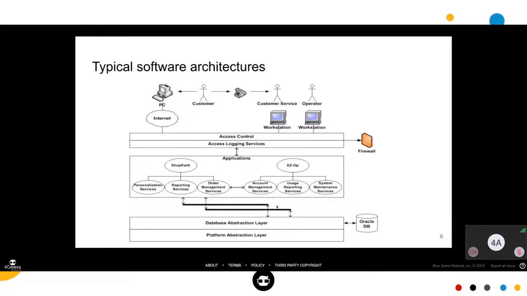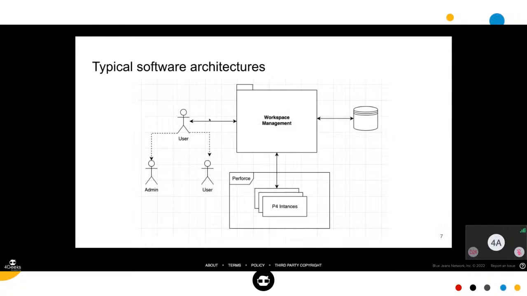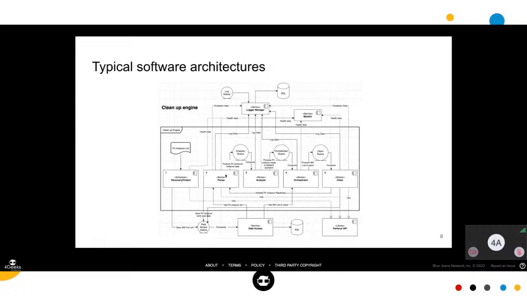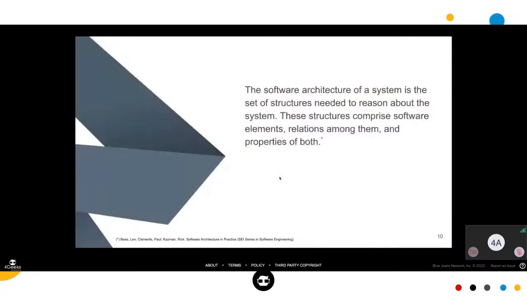The properties are not described here, but here we also have elements, actors, database, relations. These are bidirectional relations. Here, more elements, a lot more relations. So basically, this is, at a high level, the definition of software architecture.